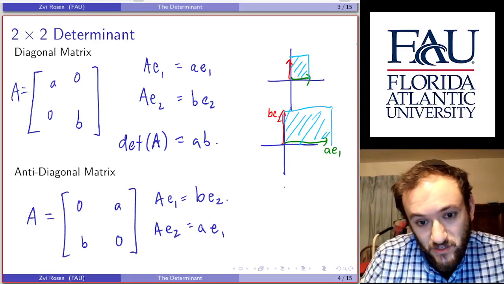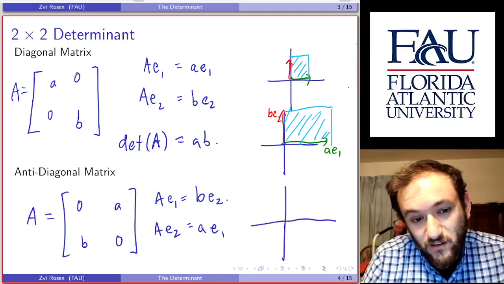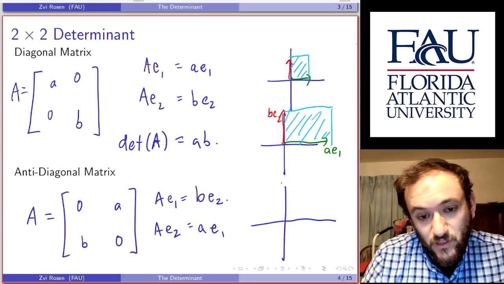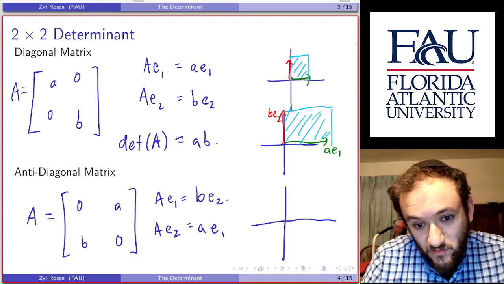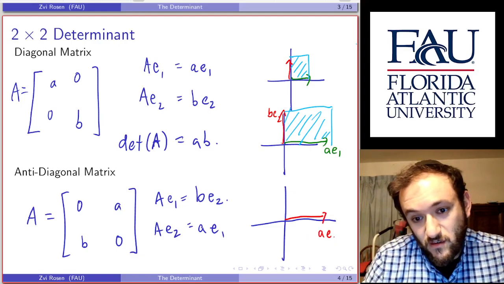Well, using the same picture as above, the red and green are going to switch positions. So now when you take this red vector you started with, now it comes down here to be stretched by A. So we have AE1.